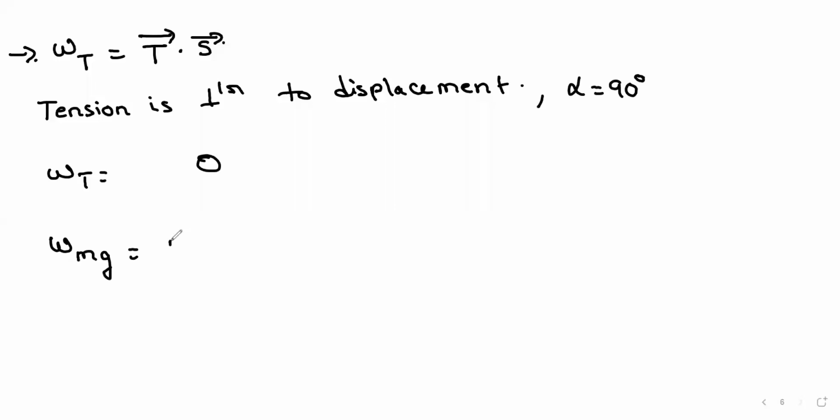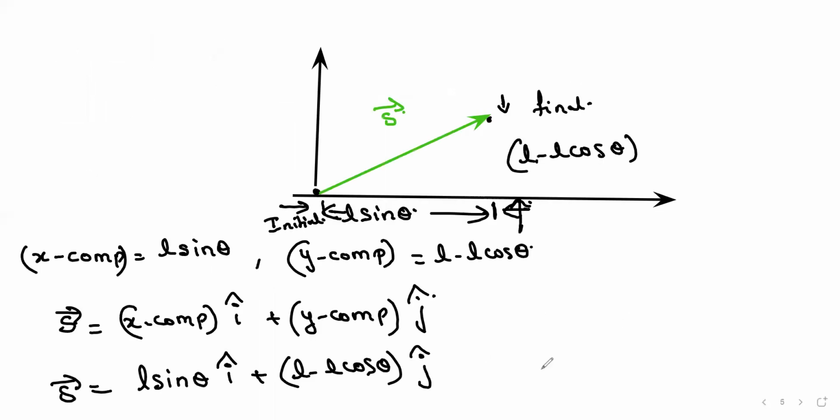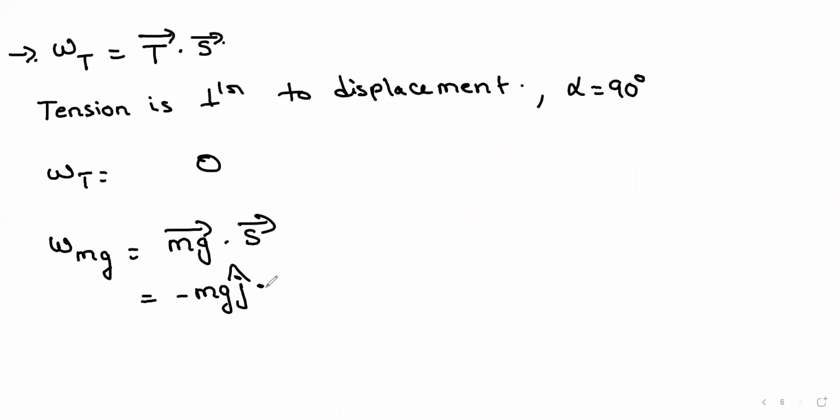So what is the work done by weight? The work done by weight is mg dot displacement, right? So minus mgj dot the displacement vector, L sin theta i plus L minus L cos theta j.